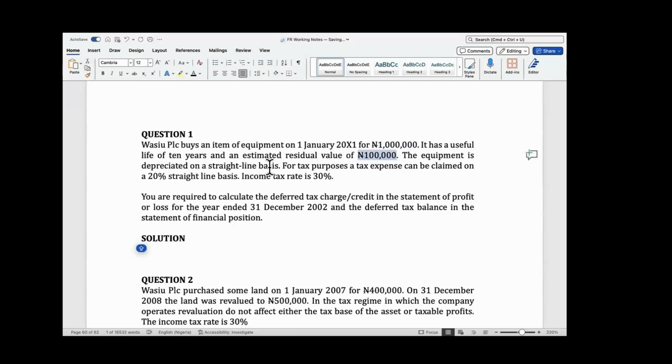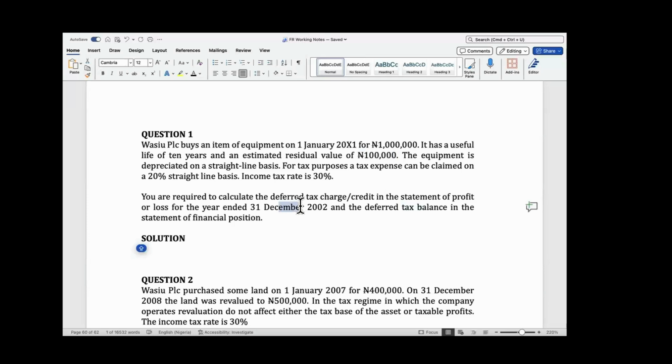For tax purposes, a tax expense can be claimed on a 20% straight line basis. Income tax is 30%. You are required to calculate a deferred tax charge or credit in the statement of profit or loss for the year ended 2002 and a deferred tax balance in the statement of financial position. So deferred tax credit and deferred tax balance for 2022.